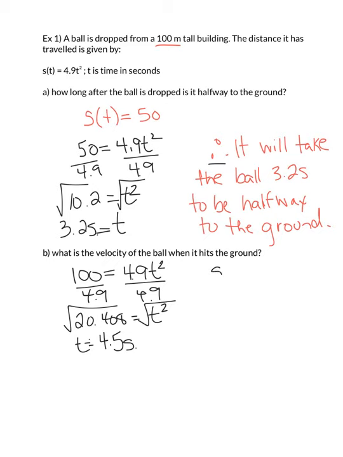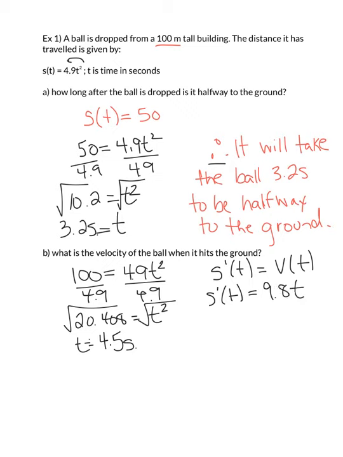Now that I know that, I can do my s prime of t. Now if you remember, the derivative of that distance function is going to be equal to my velocity function. So s prime of t is equal to, I'm going to go ahead and bring this squared down, so 4.9 times 2 is going to give me 9.8 t.